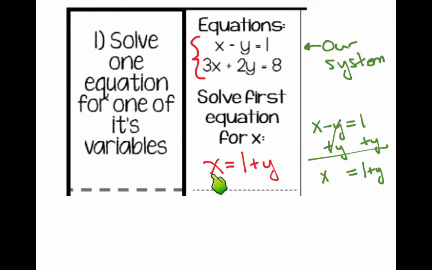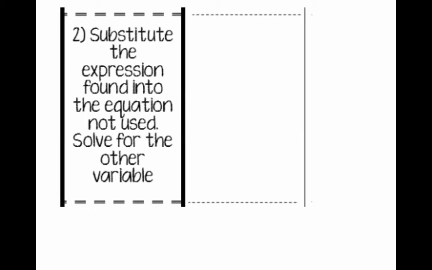All right, so that's my equation there. I've rewritten it so that I have a single variable on one side. Doesn't matter whether it's x or y. I chose x just because it's easier. Okay, so now I have my x equals 1 plus y. And I'm going to take my other equation, which just came from the top. It's one part of my system, 3x plus 2y equals 8.